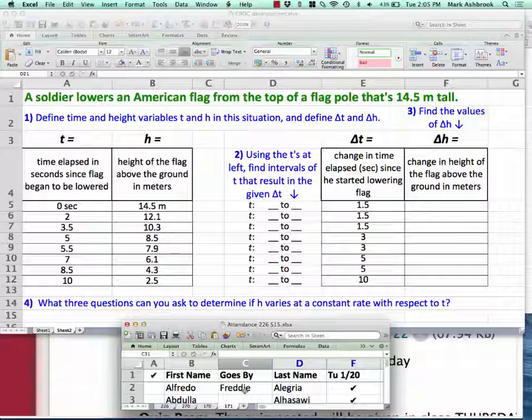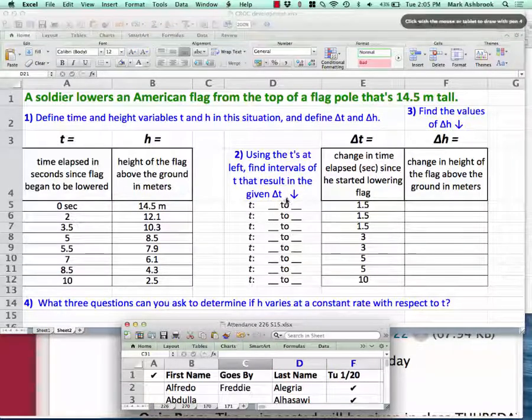All right, where is Abdullah? Did you get some of these that are going to change by 1.5? Tell me what you got. From what to what? You said 3.5 to 2. Is that going to make delta t change by 1.5?